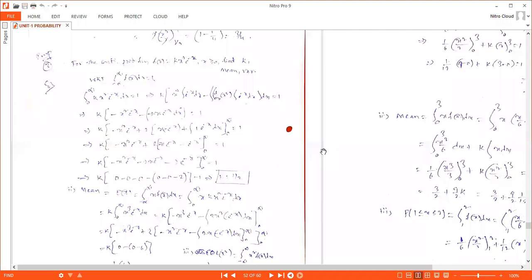Equate that to 1. Simplify it. Substitute upper limit minus lower limit. You can observe that the value of k is 1 by 2.